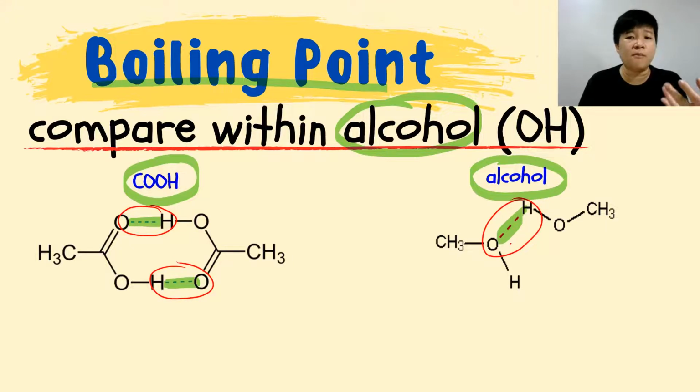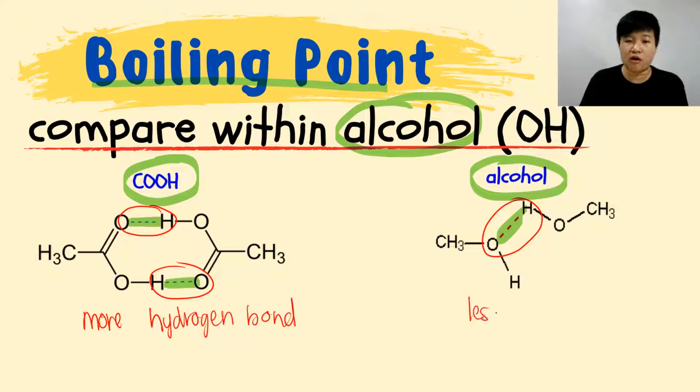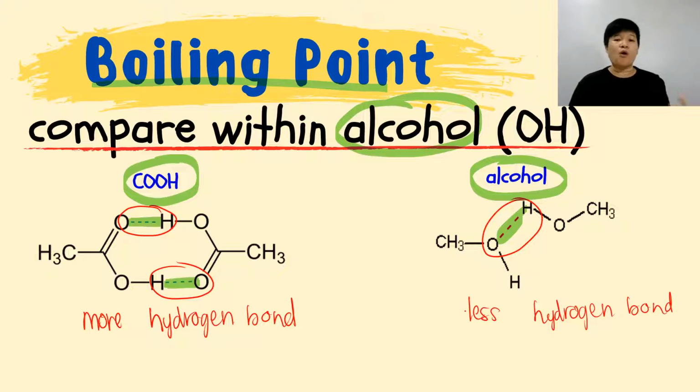So by looking at this hydrogen bond in the carboxylic acid and also the hydrogen bond in your alcohol, which one do you think form more hydrogen bond? Obviously, your carboxylic acid will form more hydrogen bond with itself compared to your alcohol. Your alcohol will form less hydrogen bond with itself. Okay? And other than more or less hydrogen bond over here, I hope you can see that your carboxylic acid right now forming a dimer.